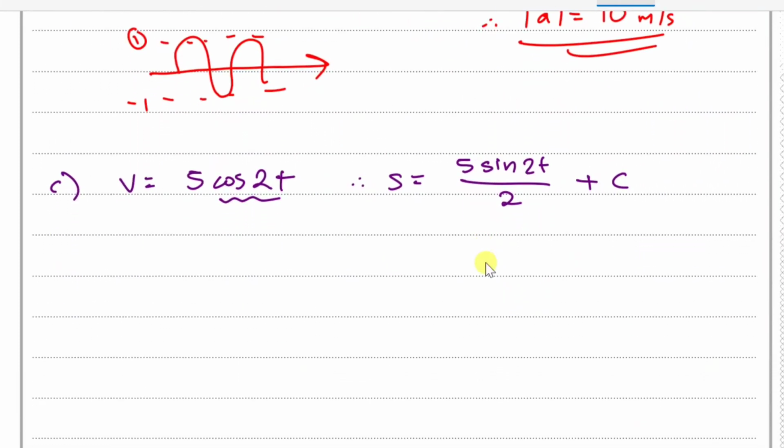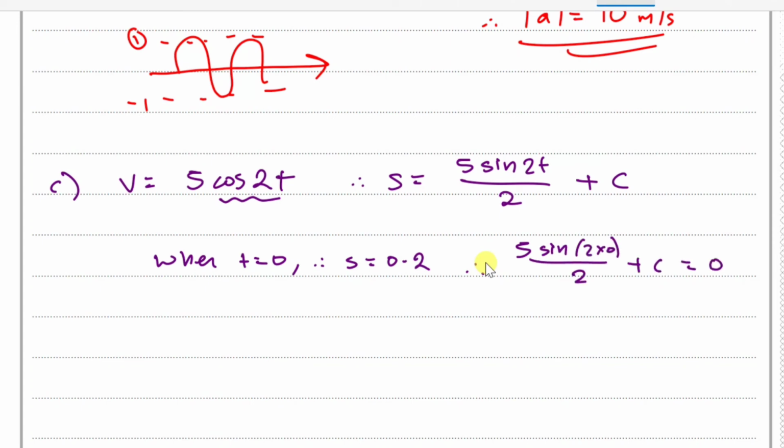So when t is 0, the expression s, our distance, is 0.2. Let's put this in. You're going to have 5 sine 0, remember just use your calculator for everything, over 2 plus c must equal 0.2.